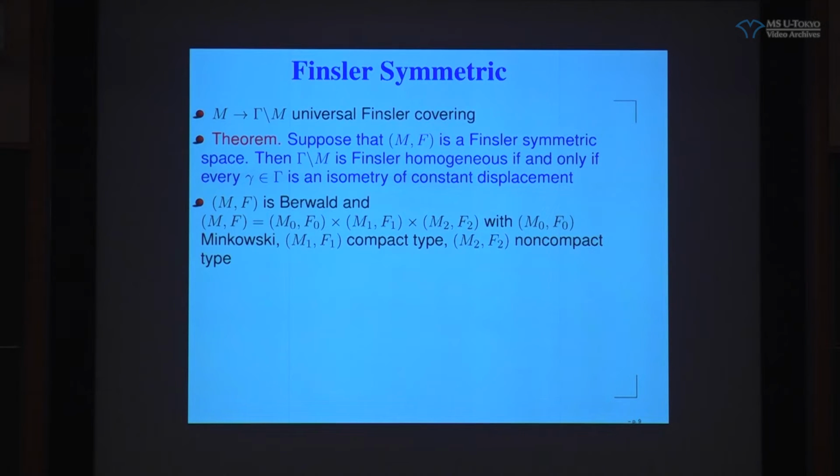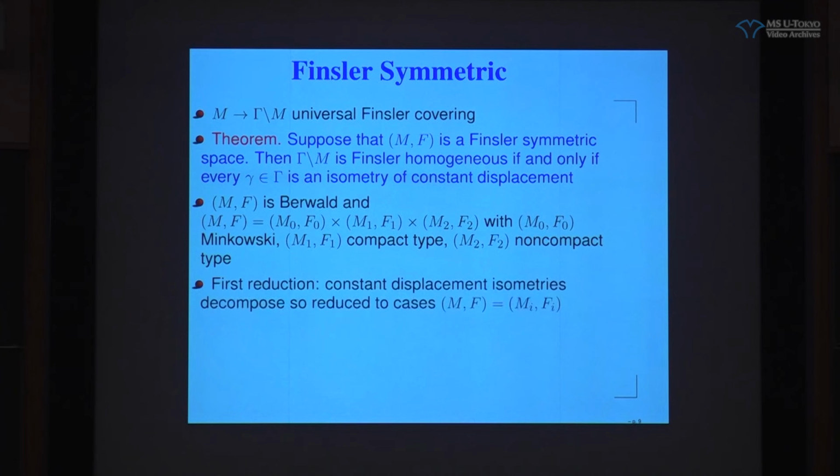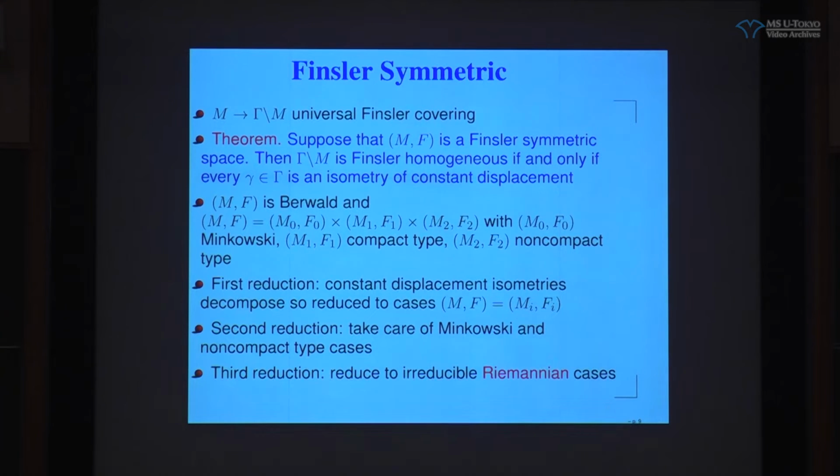And the way the argument goes is first you have to prove that it's Berwald, and then you have to reduce to the irreducible case, which is not so obvious for Finsler. And then you have to deal with Minkowski and the non-compact types. And finally, for the compact ones, you have to reduce to the Riemannian situation.